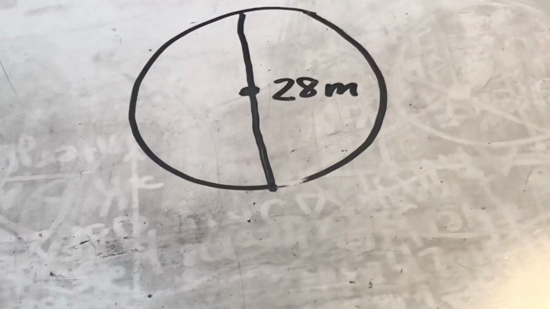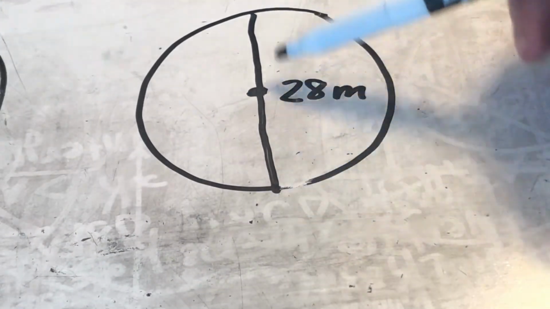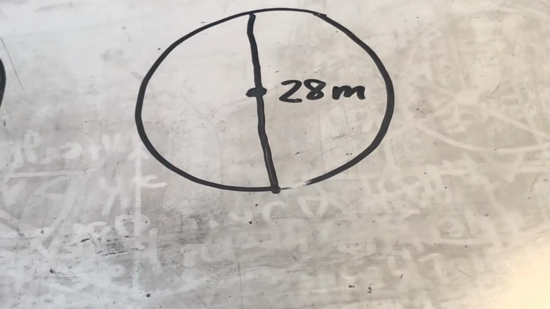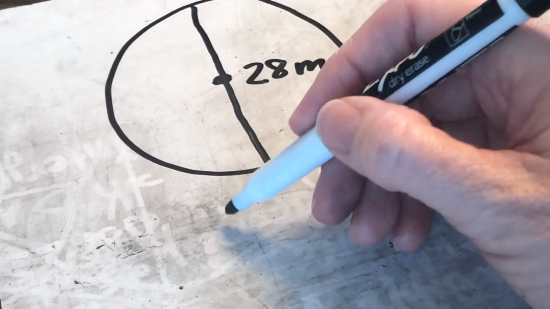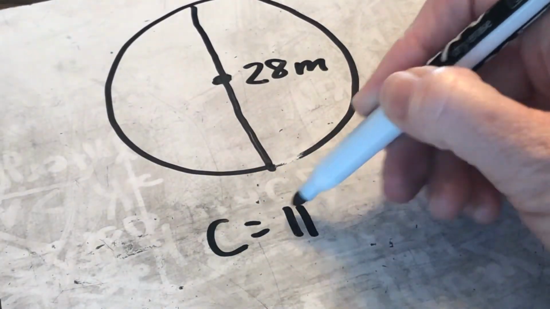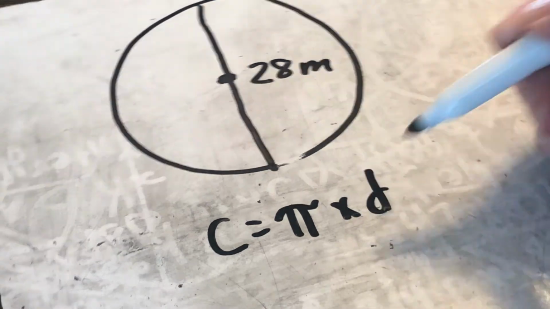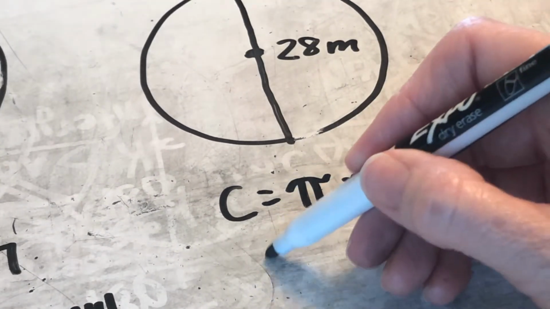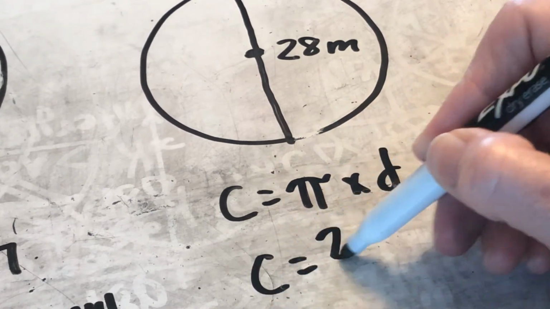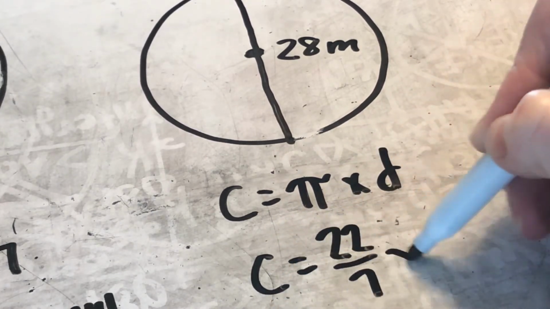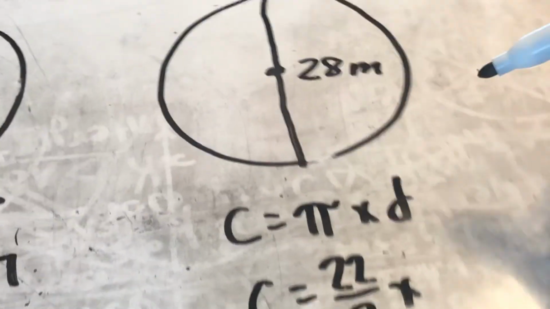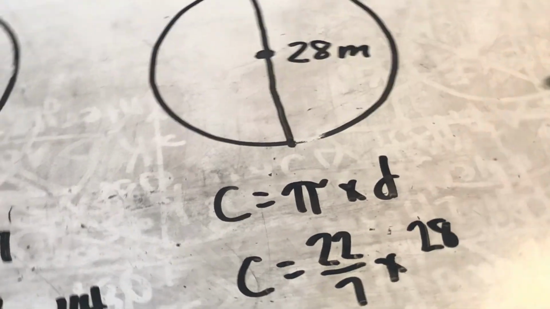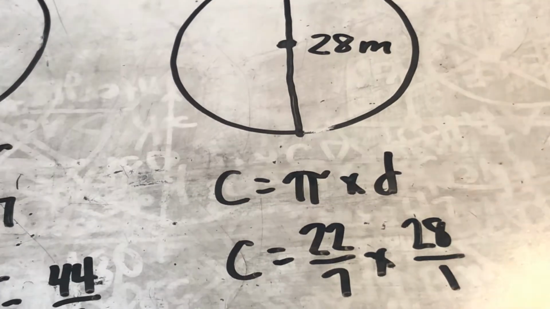Let's take a look at this one. This time I have the diameter, so I'm going to use the diameter formula. C equals pi times diameter. That's all there is to it when it's the diameter. Plug these numbers in. C equals 22/7 times my diameter, which is 28. I have to put it over 1 because it's a whole number.